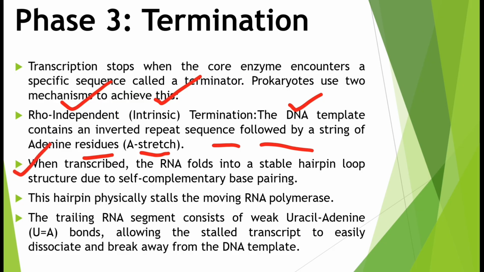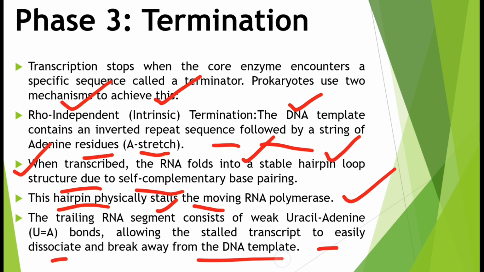When transcribed, the RNA folds into a stable hairpin loop structure due to self-complementary base pairing. This hairpin physically stalls the moving RNA polymerase. The trailing RNA segment consists of weak uracil-adenine bonds, allowing the stalled transcript to easily dissociate from the DNA template.